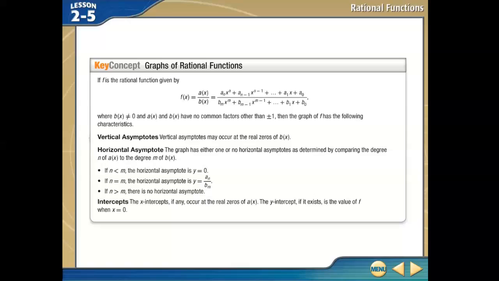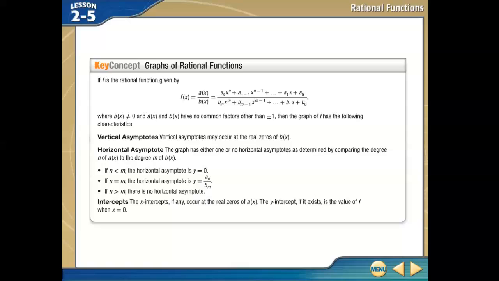So once again, that's if the degree of the numerator is lower than the degree of the denominator, you have a horizontal asymptote at y equals 0. Okay, pretty simple, pretty easy. If they are the same, talking about the degree, if n is equal to m, you have a horizontal asymptote at a_n over b_m.